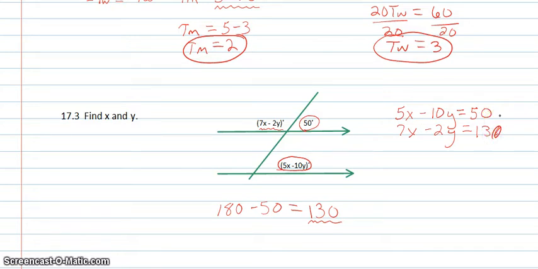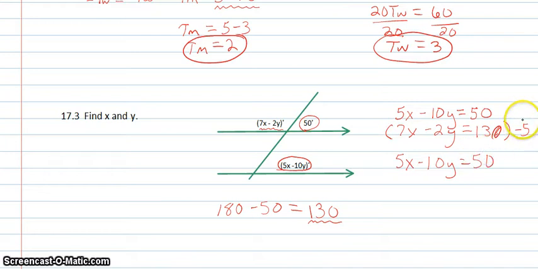Then I can either use substitution or elimination to solve for either the x or the y first. And I think what I'm going to do is multiply this bottom equation by a negative 5, and that way I'll have a positive 10y down here. When I add those together, it'll cancel out the y's. So I'm just going to bring down the top equation right now because it's not going to change.